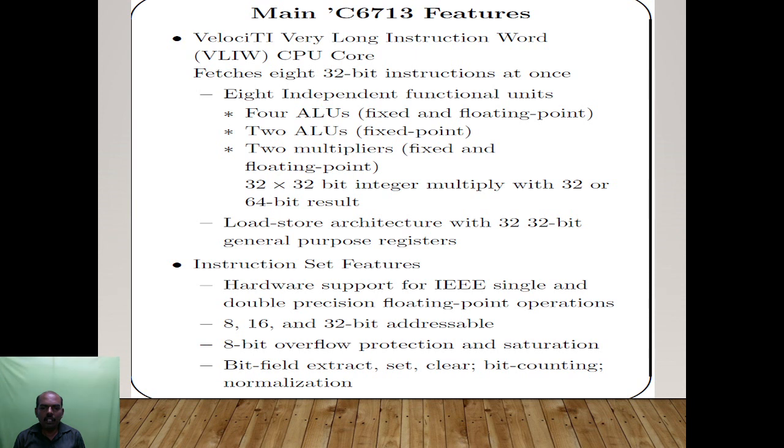Load store architecture with 32 bit general purpose registers. Instruction set features: hardware support for IEEE single and double precision floating point operations, 8, 16 and 32 bit addressable, 8 bit overflow protection and saturation, bit field extract, set, clear, bit counting, normalization.